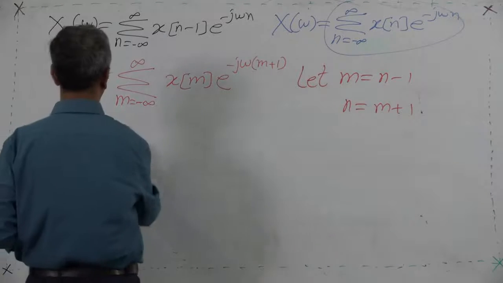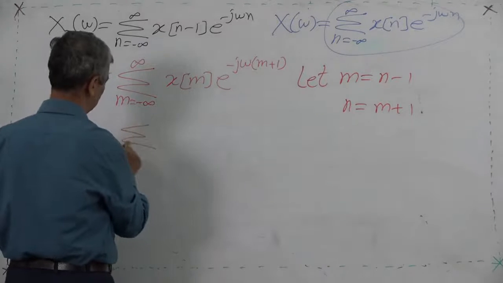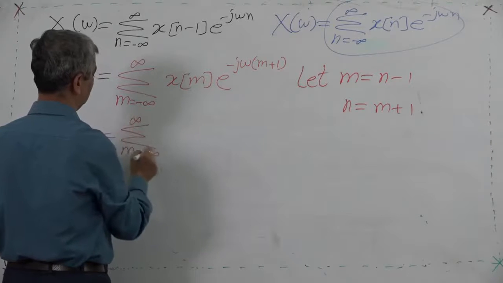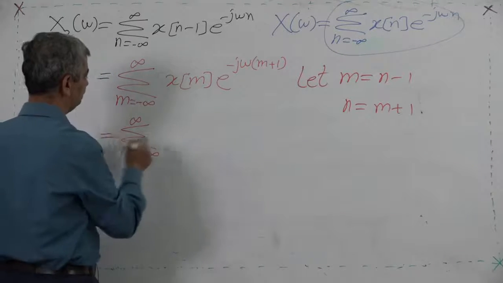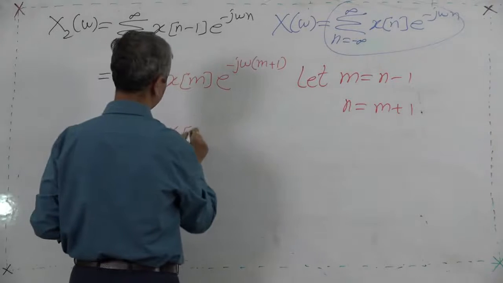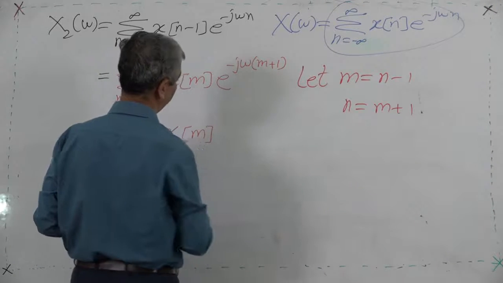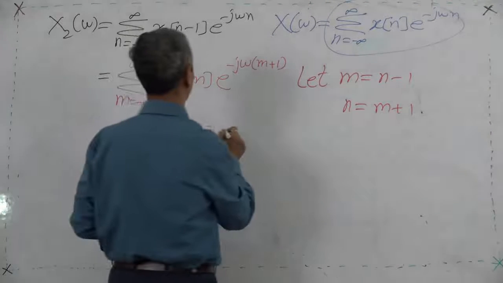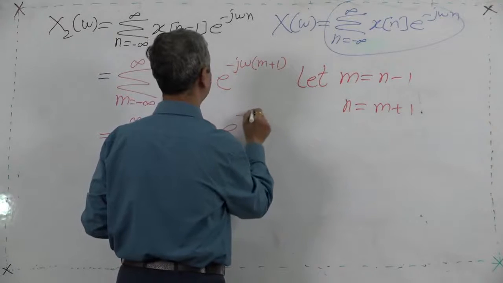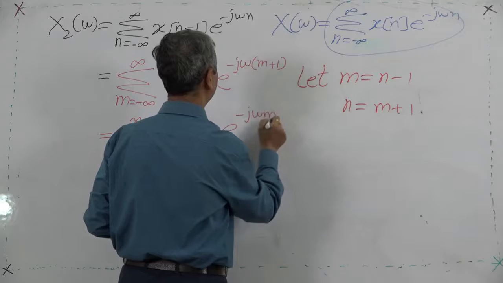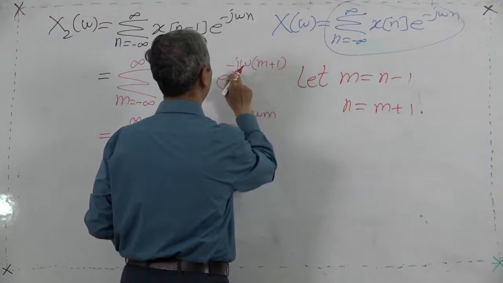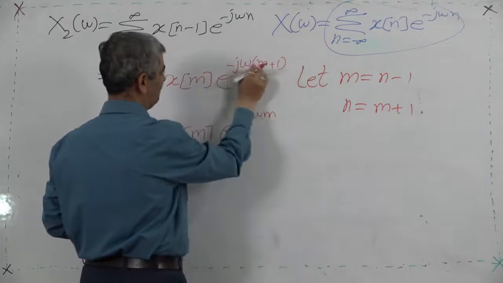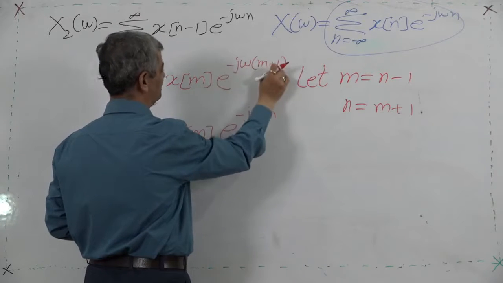I repeat again step by step, no rush. m equal to minus infinity to infinity, x[m] e raised to minus j omega m into e raised to minus j omega.